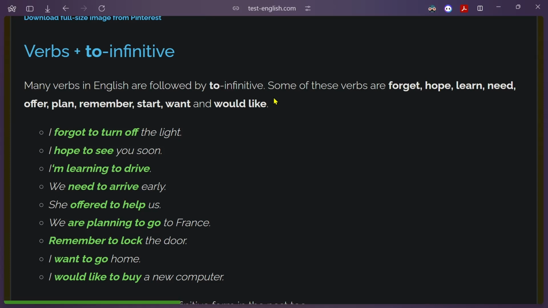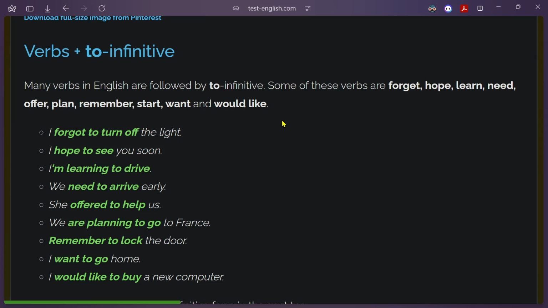The more you use the language, the more you read, the more you write, the more you listen to the audiobooks. Are you listening to the audiobooks? The more you have this feeling of what is right and wrong grammatically.